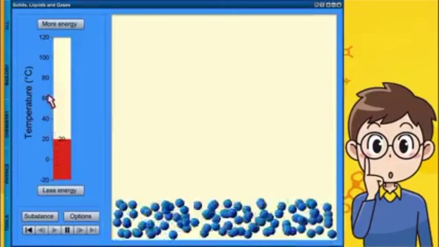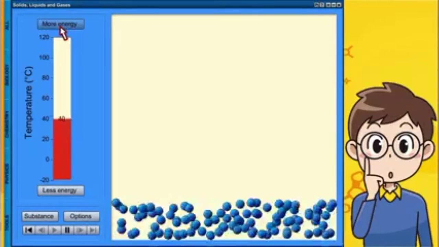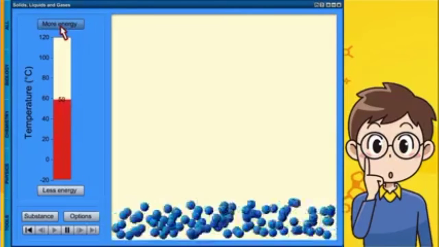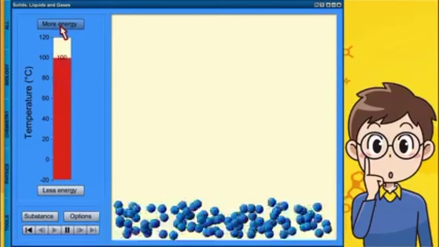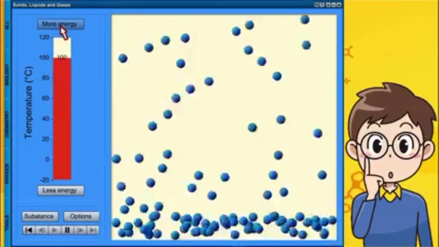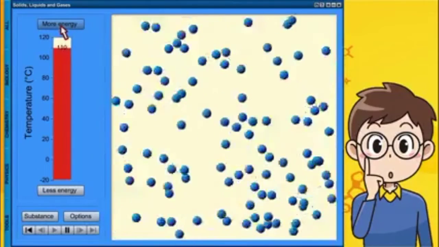Based on the particle model of matter, particles are always in motion, and the energy varies depending on the temperature of the sample of matter, which determines if the substance is a solid, liquid, or gas.